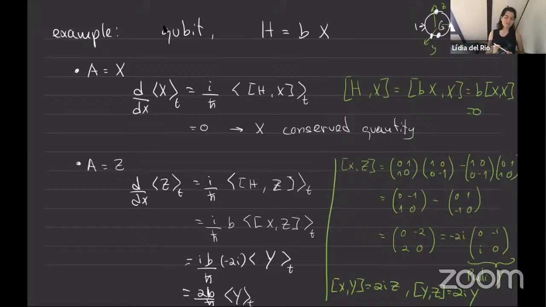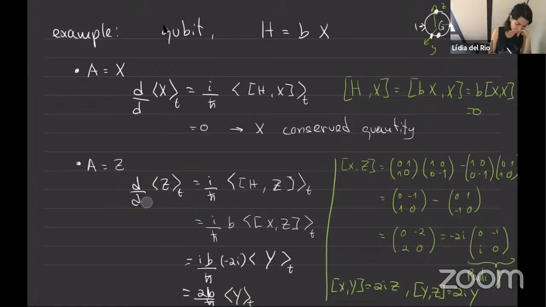So it tells us that if we want to know how the Z component of the spin is doing at some time t, then we want to see how it changes, the time derivative, d/dt.